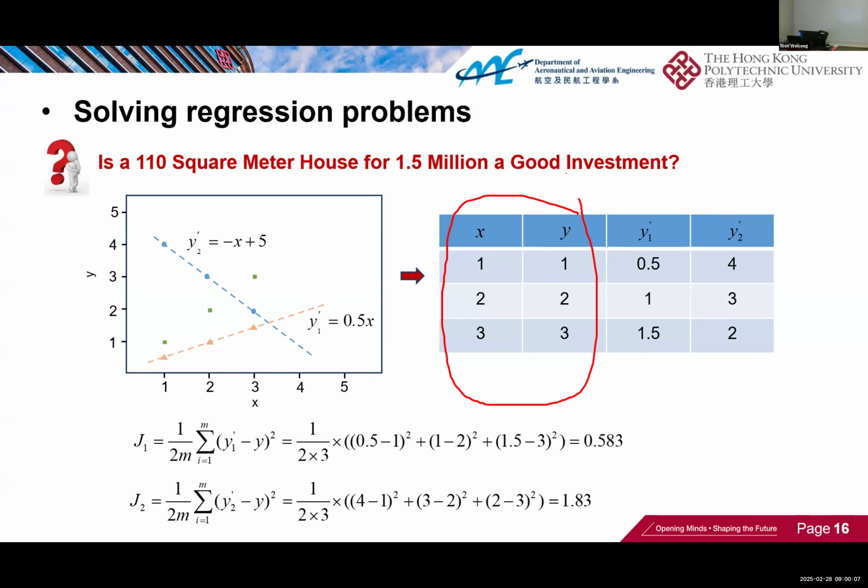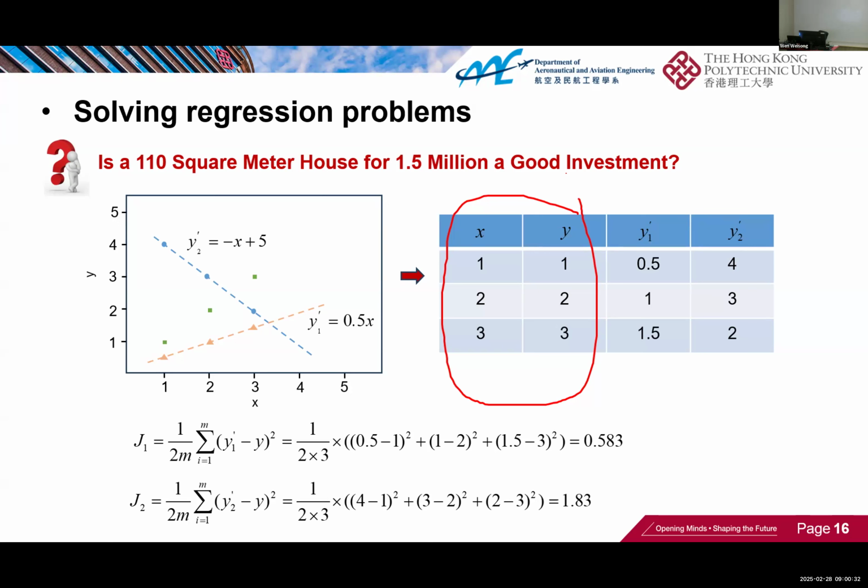So from the left side X, Y: if you use the first function, Y equals 0.5X, this one is like 0.5, and for the second one is 1.5. And this is the distance, multiplied by the number of points.